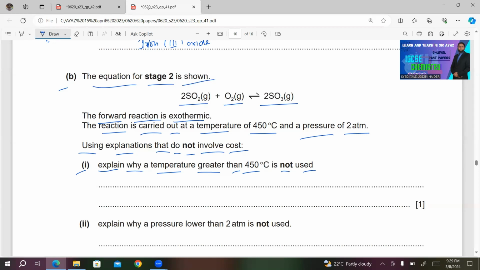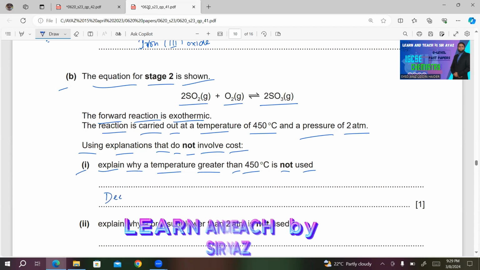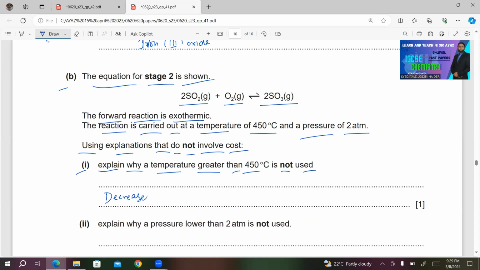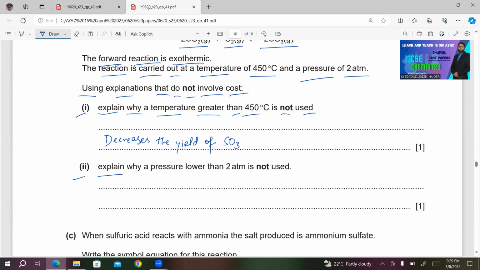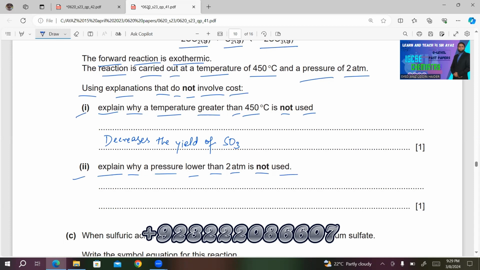Because the forward reaction is exothermic, it favors low temperature. So a higher temperature decreases the yield of SO3. Number 2, explain why a pressure lower than 2 atm is not used.